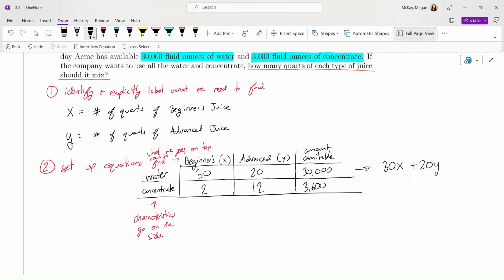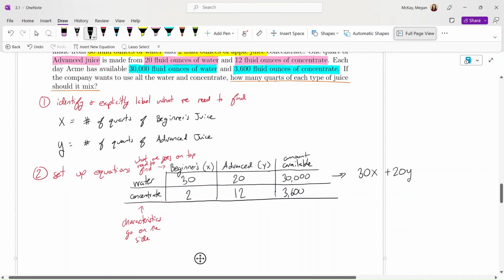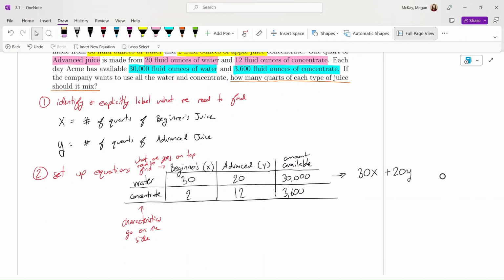Well, if Acme wants to use up all 30,000 fluid ounces of water it has available, then 30 fluid ounces times the number of quarts of beginner's juice plus 20 fluid ounces times the number of quarts of advanced juice, well, it must equal that 30,000 fluid ounces.